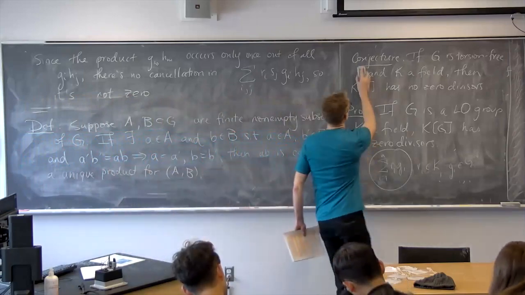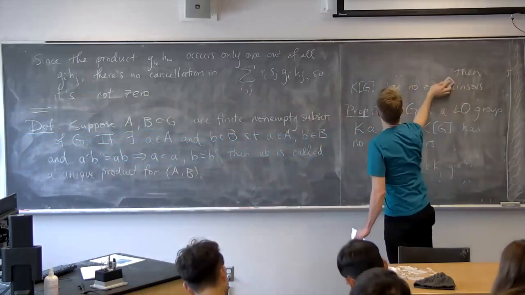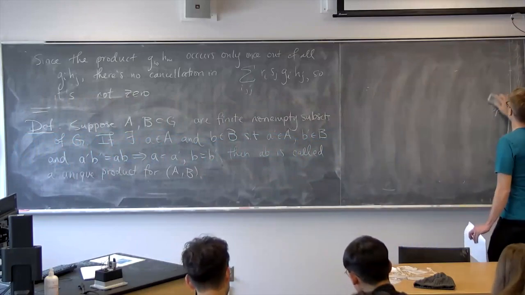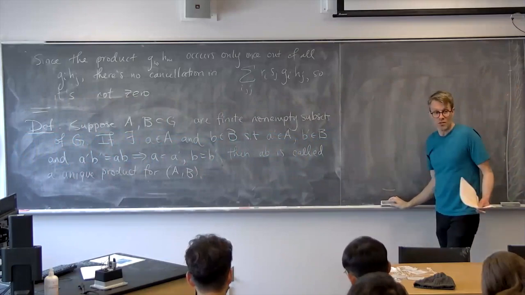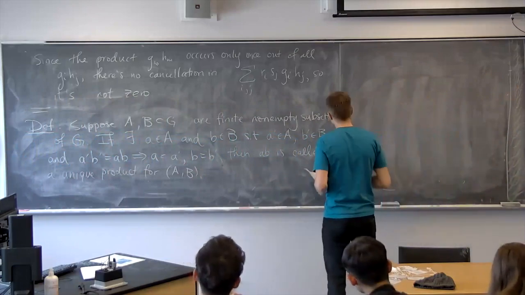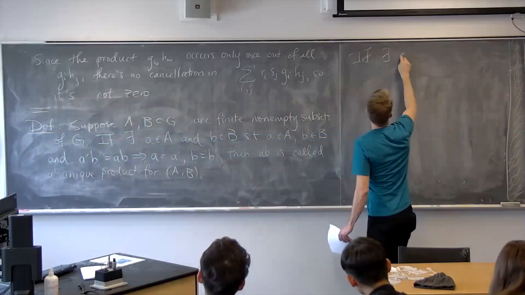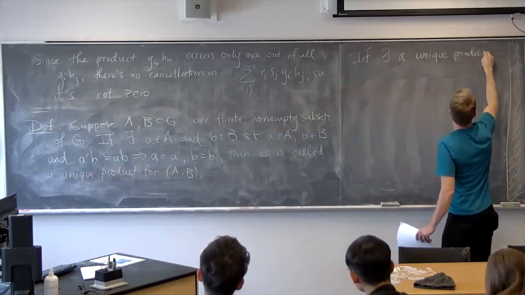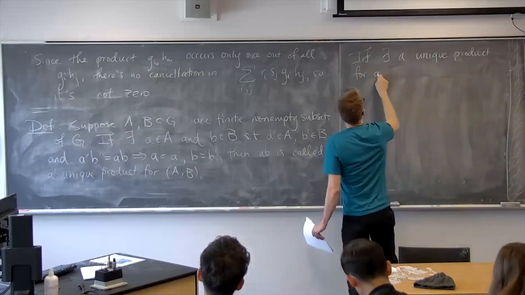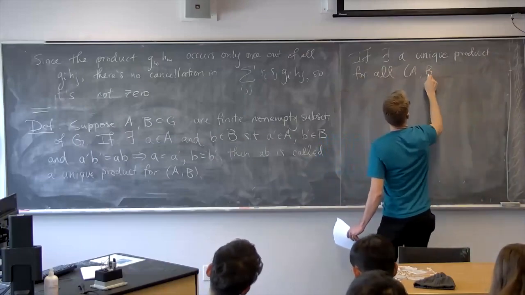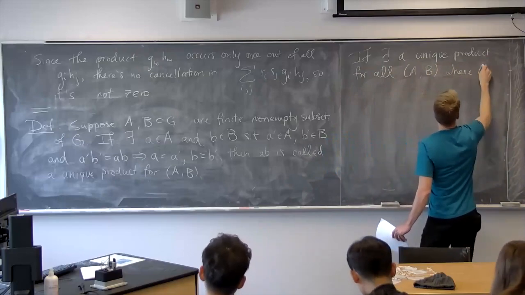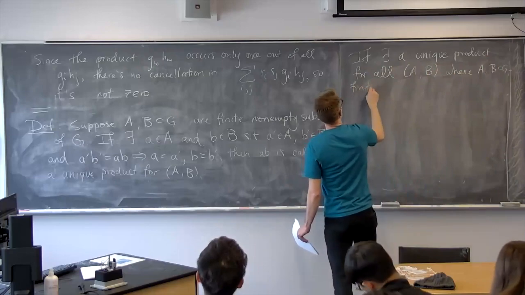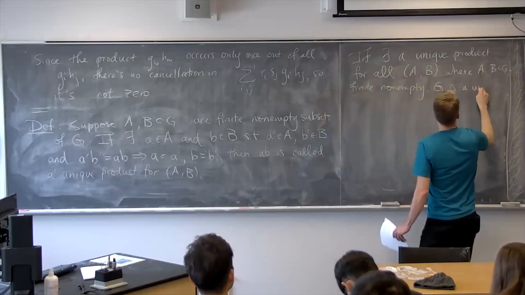And then I want to say that if all pairs of non-empty finite subsets have unique products, the group is a unique product group, a UP group. So if there exists a unique product for all A, B in G finite non-empty, G is a unique product group.